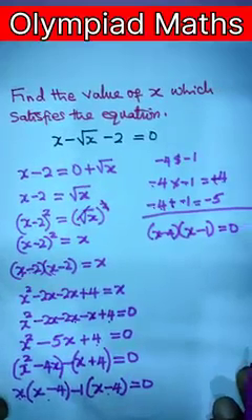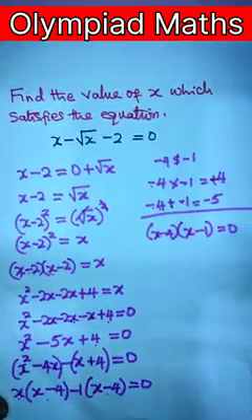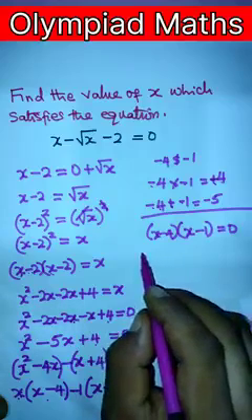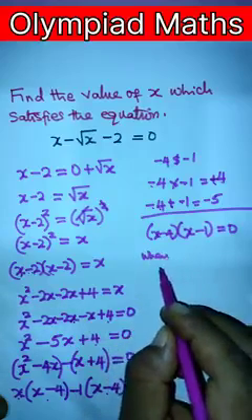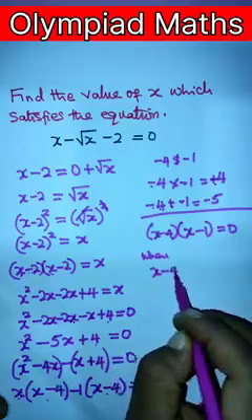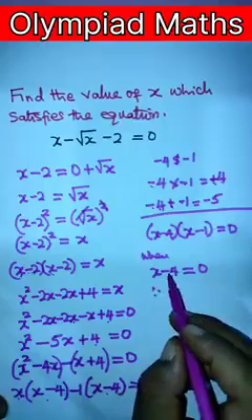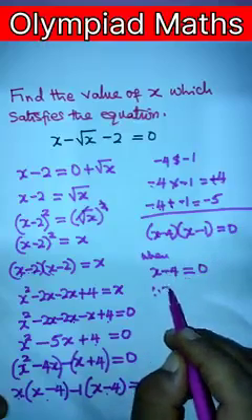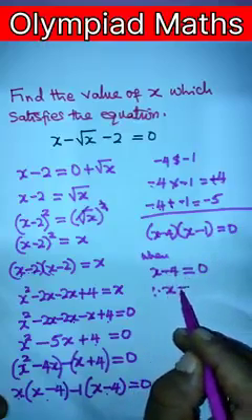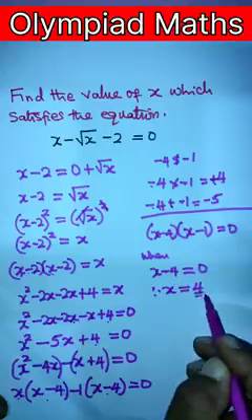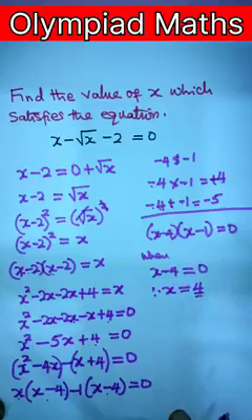Now that two brackets equal 0, that means each of them is equal to 0. So when x minus 4, that's the first bracket, equals 0, therefore move minus 4 to this side, it becomes x equals plus 4. So this is the first value of x.